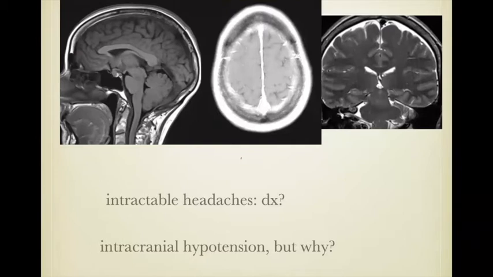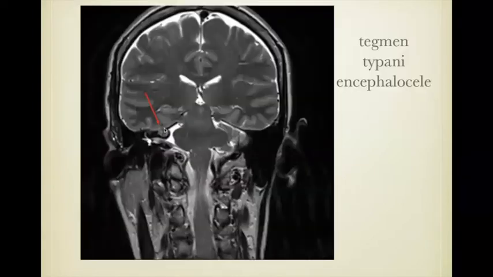Now, when you see patients with intracranial hypotension, you should be looking for places where there might be a CSF leak. And one of the ways you can have a CSF leak is when you have an encephalocele or meningocele near the petrous bone where it can drain into the mastoid air cells. So when you look at this coronal image, you can see, better seen here, this patient has an encephalocele.